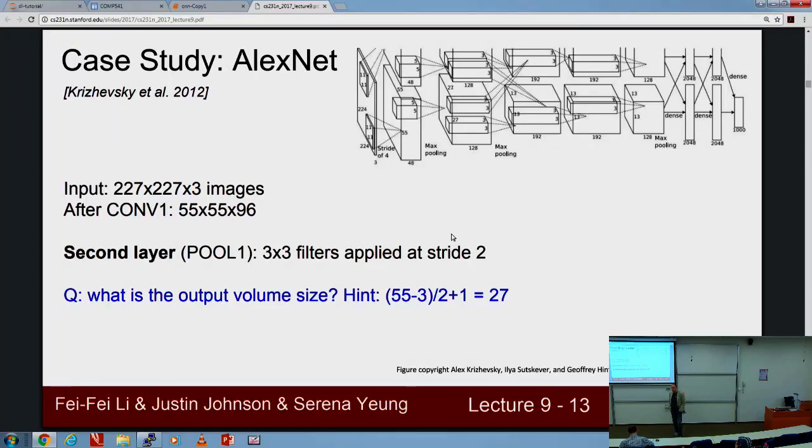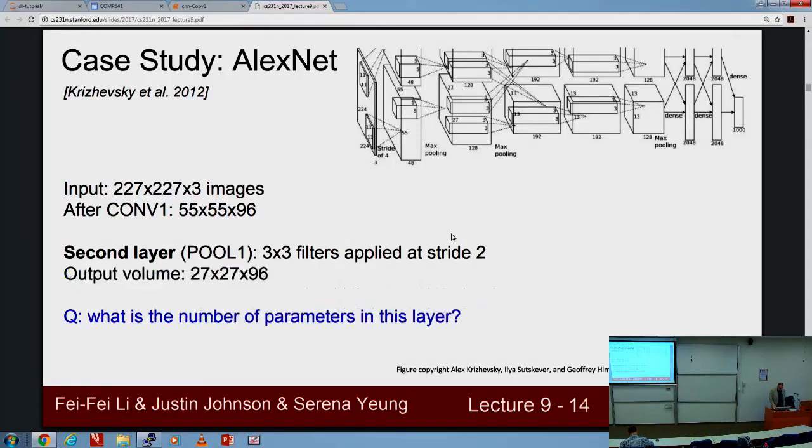Correct. So 27 is due to the reduction of the pooling layer in the spatial dimensions, and 96 because pooling does not touch the number of channels. Every channel is pooled independently of the other ones. So we have 27 by 27 by 96.